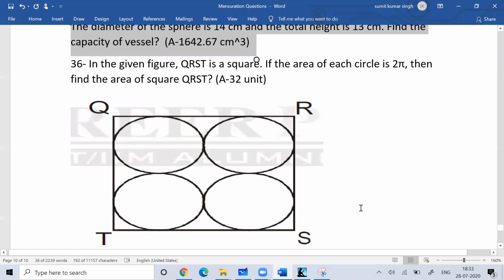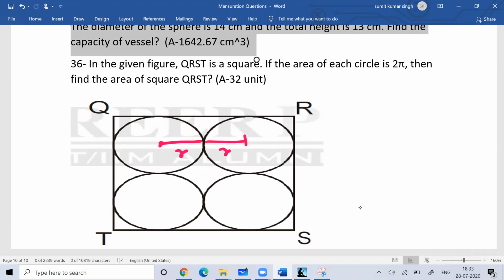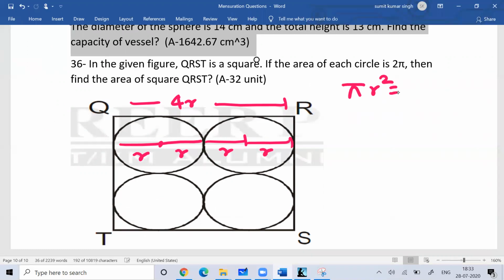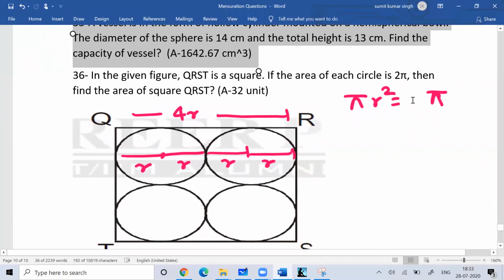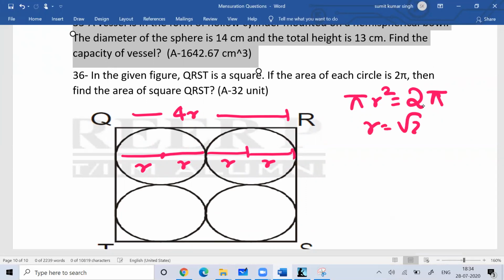In the given figure, QRST is a square. Okay, if the area of each circle is 2 pi, suppose the radius of the circle is r, so you can see this is r, so this is 4r. So the side of the square is 4r, you can understand this. Okay, and then the area of the circle, that is pi r square, is given to you as 2 pi. So pi gets cancelled, so r is √2.